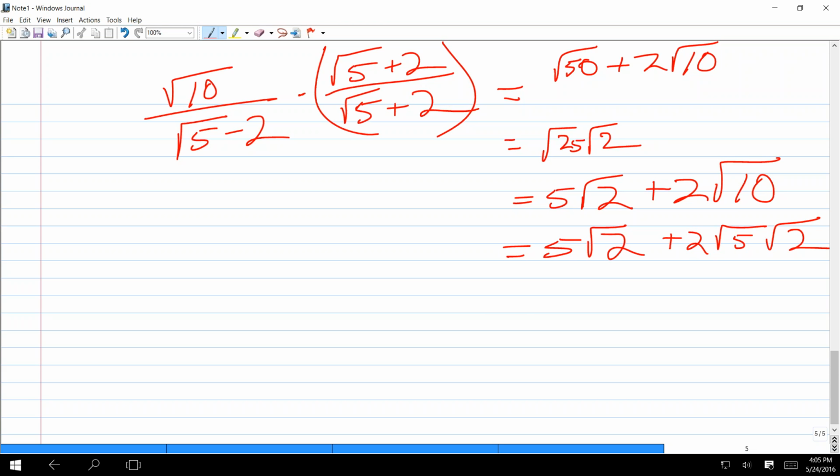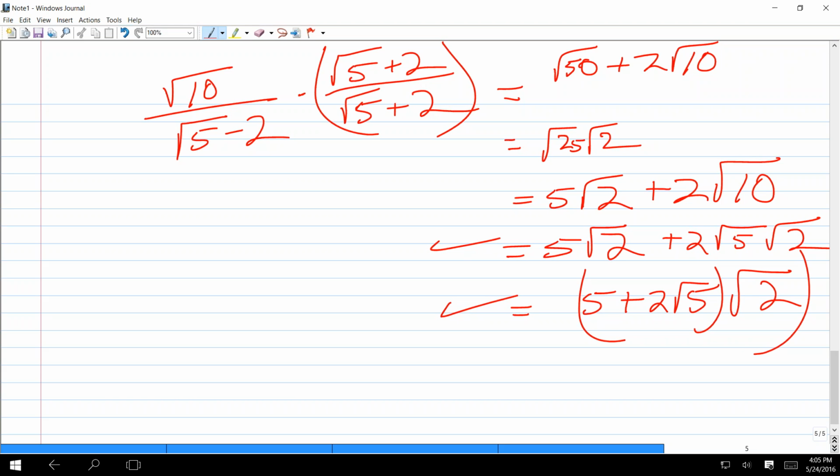Which gives you 5 plus 2 root 5, the quantity, times root 2. In other words, this is equal to that. All I've done is factored a root 2 out.